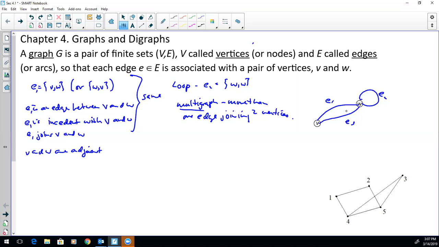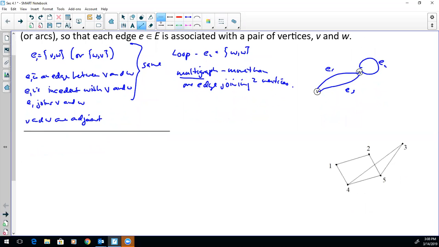And this would be called a multiple edge here. Okay. To kind of sort some of this stuff out here. Now, a graph is called simple if we have no loops and no multiple edges.